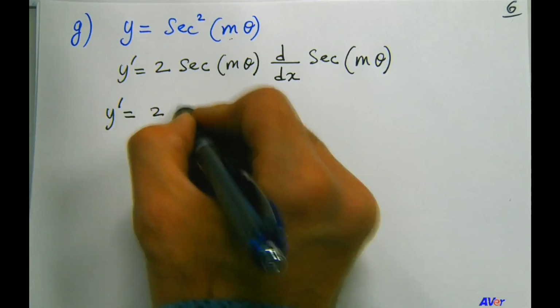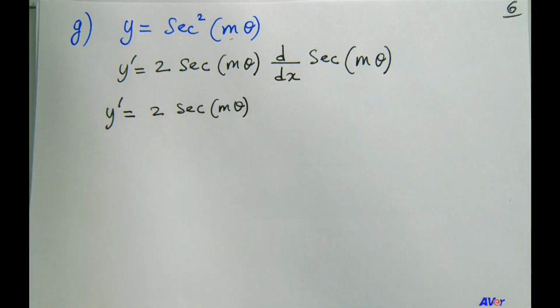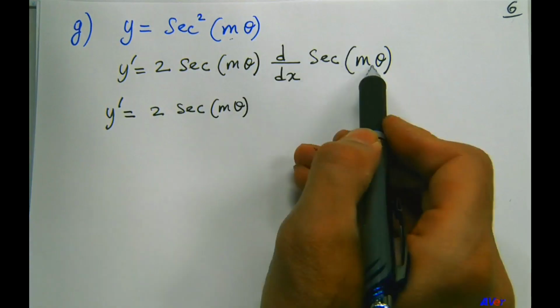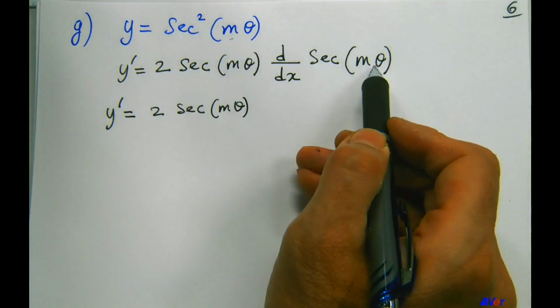So we have 2 secant of m theta. The derivative of secant m theta is secant m theta times tangent m theta, right?